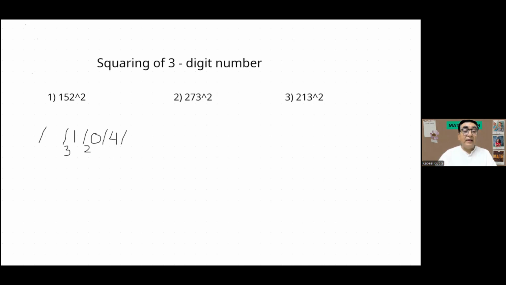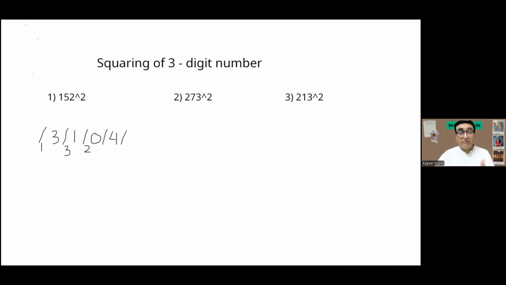Then I'll take 1 and 5. For a two-digit number, it's simply find the product, 5 into 1, and double it. So 5 into 1 is 5, into 2 is 10, 10 plus 3, because that is the carry forward, is 13. So I get 3 here, and then the carry forward is 1. Now, 1 as the last digit, you can say.